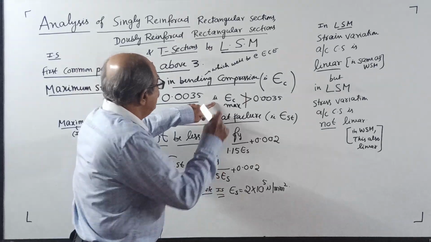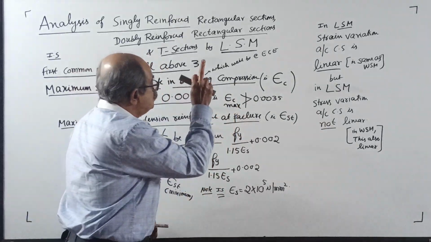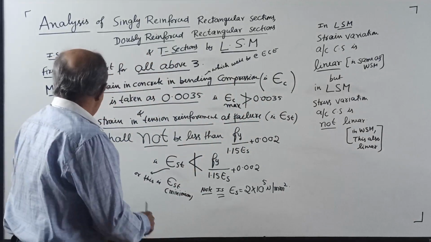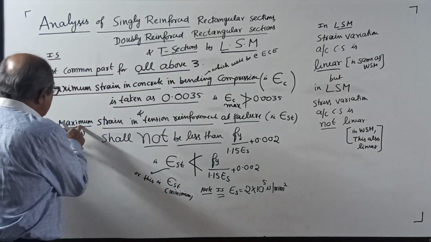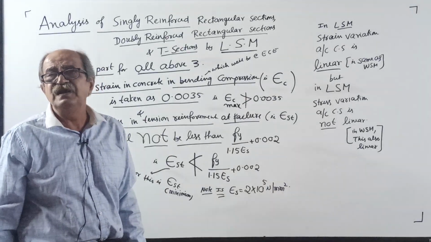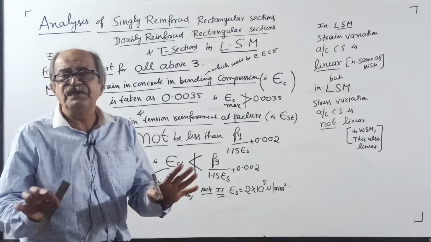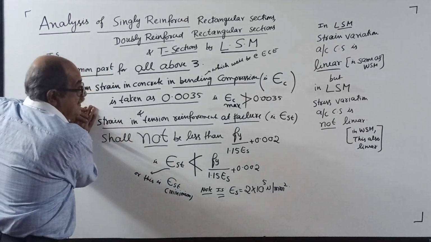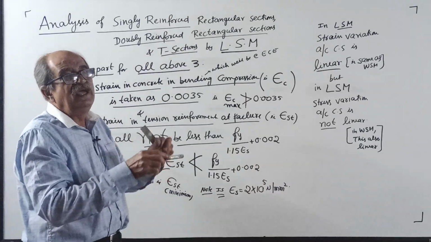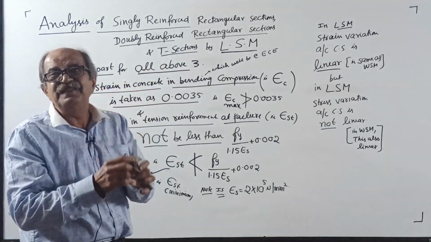That is, epsilon C maximum for concrete should not exceed 0.0035. Actually this word maximum I don't agree with, because for concrete there is variation. For steel we don't consider variation. So usually in class I say strain. But still IS code has given maximum, okay, understood. Even across the diameter it will change slightly. Ignore it.